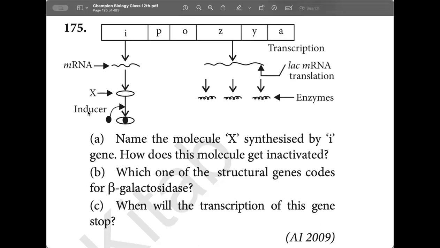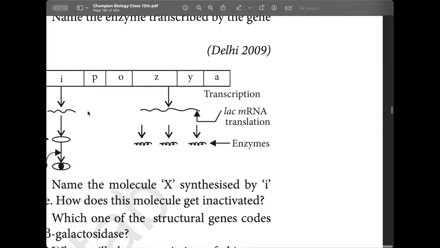Second part. You're right. Which one of the structural genes codes for beta galactosidase? You said Z. Yes, that's correct. And what about the others, Y and A?